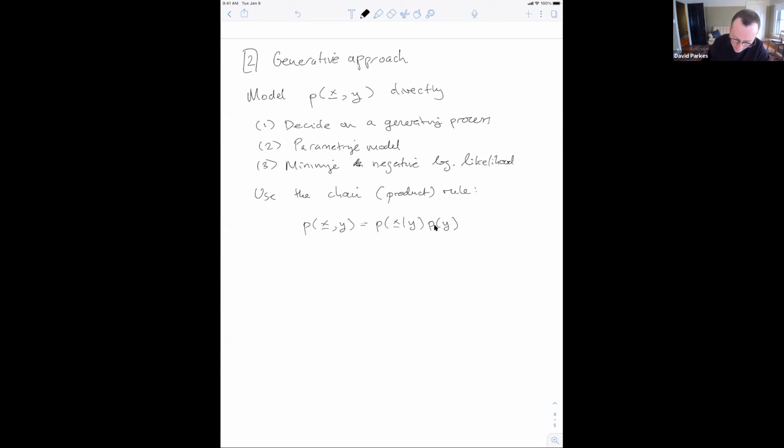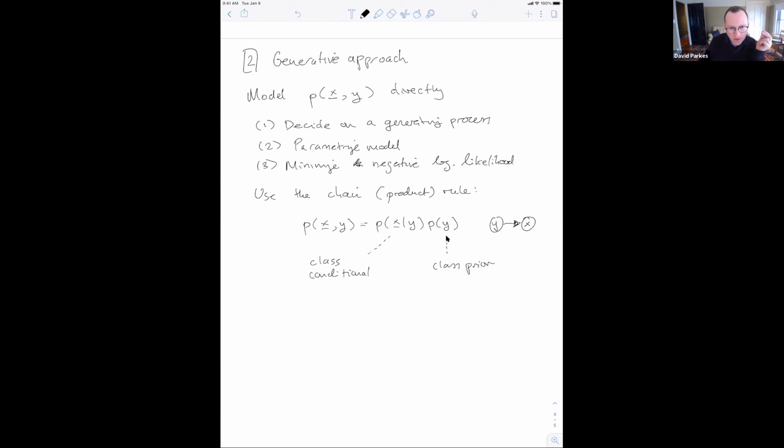And if you want, you can also think about this generatively, where you pick a y according to a distribution on y, and we'll call this the class prior distribution. And then conditioned on having picked a y, you pick an x. So we'll call this the class conditional distribution.